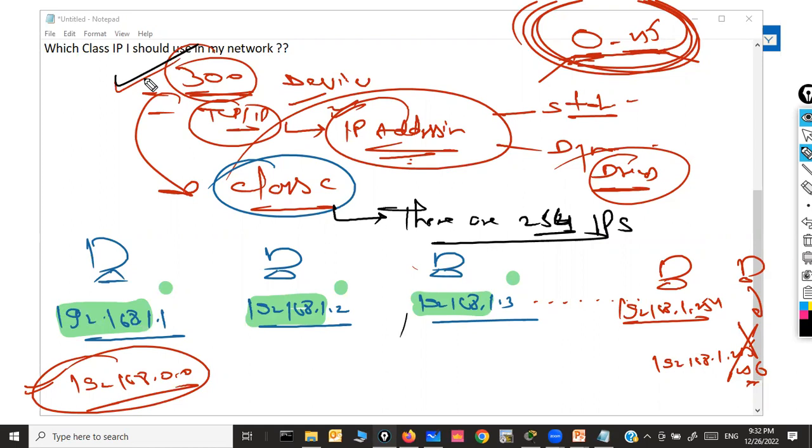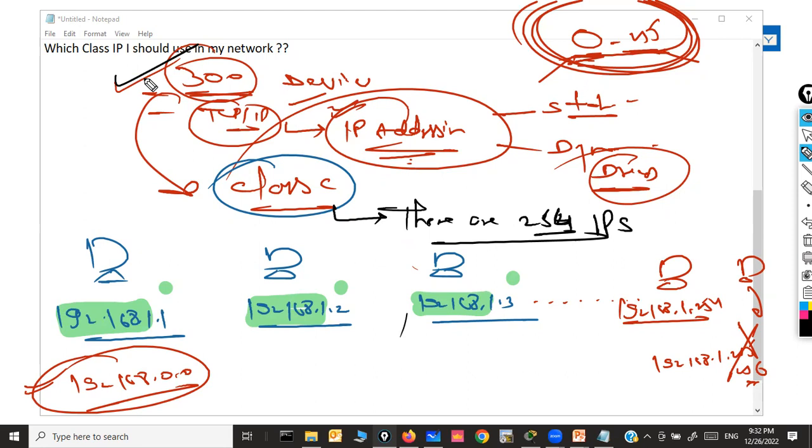It's a basic concept. Later on, I will tell you the trick to increase or decrease the number of IPs in any network. Basically that's not a trick, it's the concept known as subnetting. We'll discuss that later on, right?